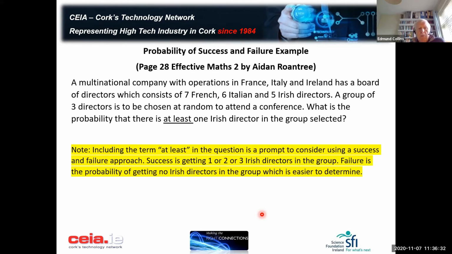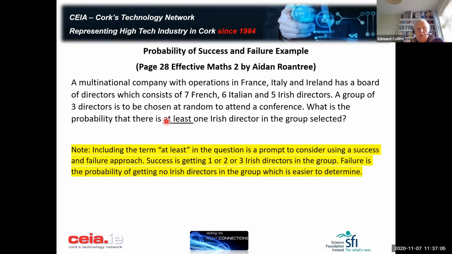A multinational company with operations in France, Italy, and Ireland has a board of directors which consists of 7 French, 6 Italian, and 5 Irish directors. A group of 3 directors is to be chosen at random to attend a conference. What is the probability that at least 1 Irish director in the group is selected?